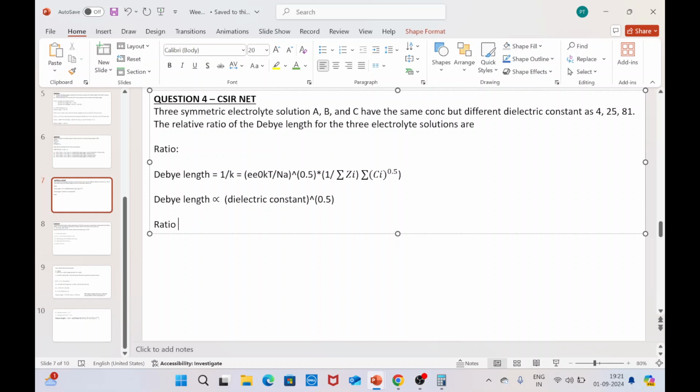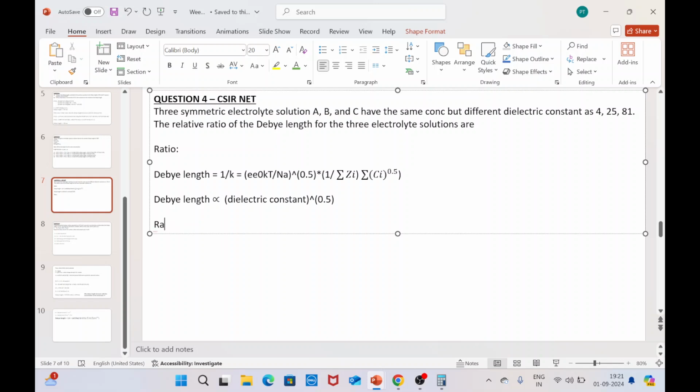It's simple. Yes, that's correct. The dielectric constants are given as 4, 25 and 81.